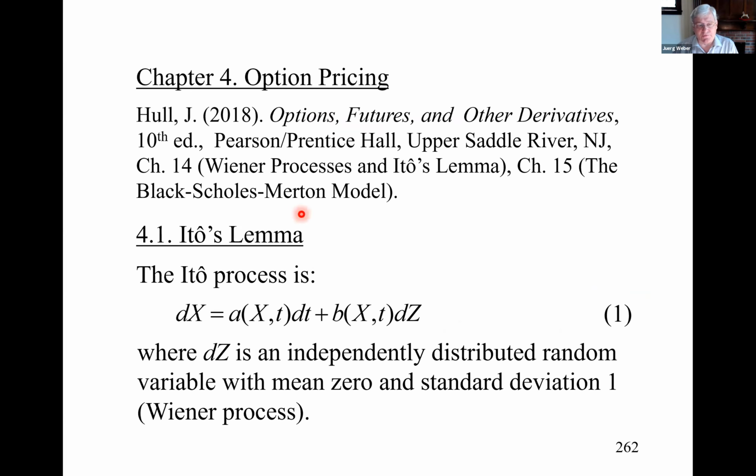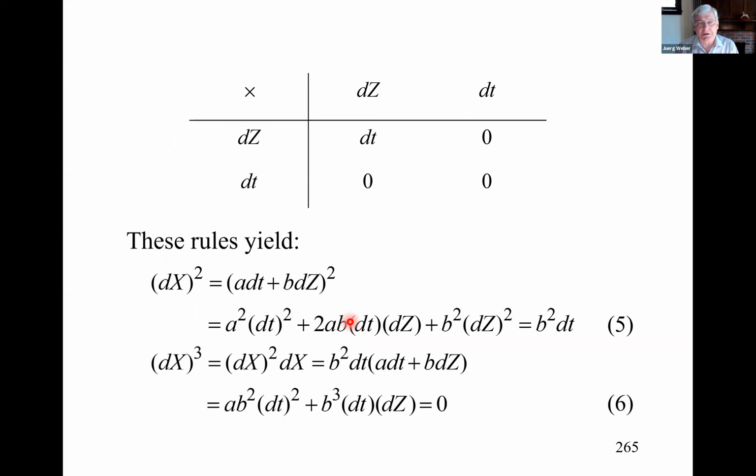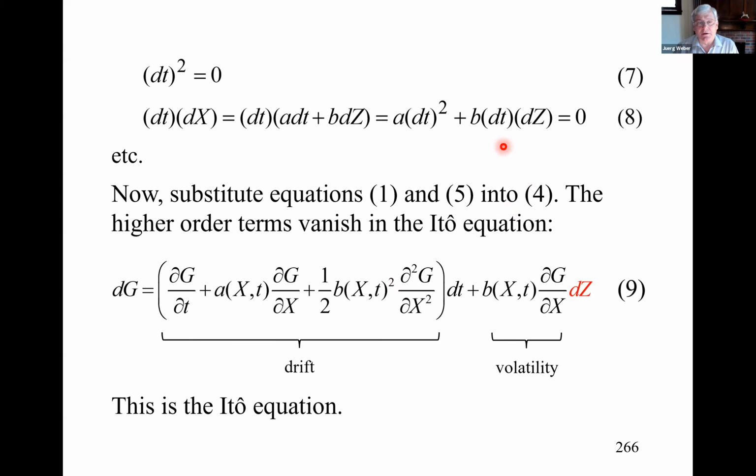So that's equation 1, dx is a dt plus b dz. I take a and b now constant. So plug in for the dx, multiply it out, and again you have a 0 here, and you have a 0 here. So all the cross products also will be 0.